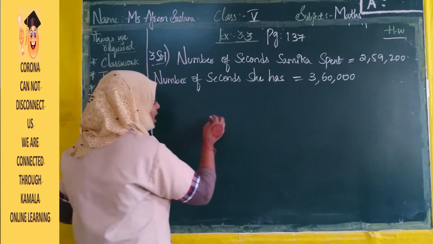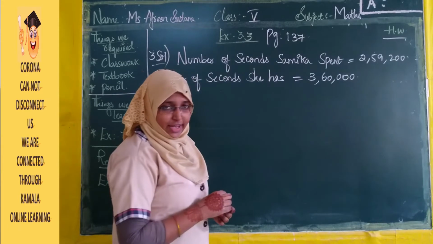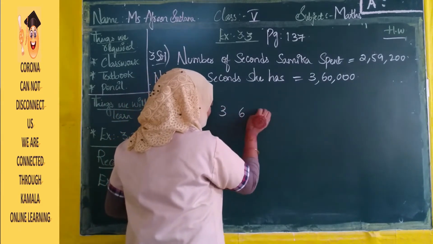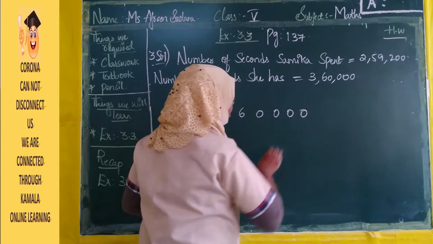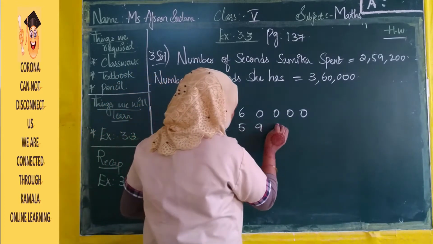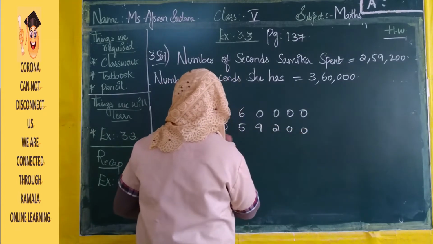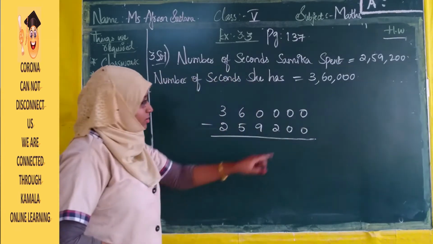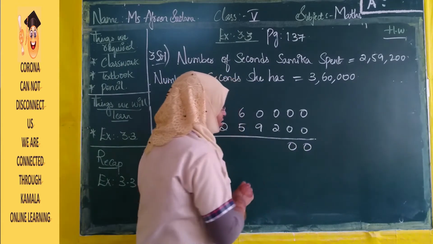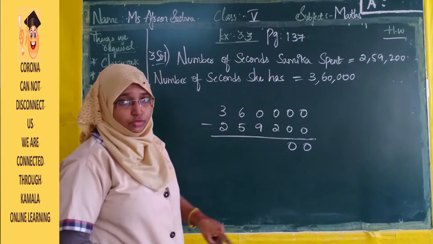Let us do it. As both place values are till lakhs, it is very easy for us. 3,60,000 minus 2,59,200. 0 minus 0 is 0, 0. We cannot subtract 2 from 0, so we will borrow.